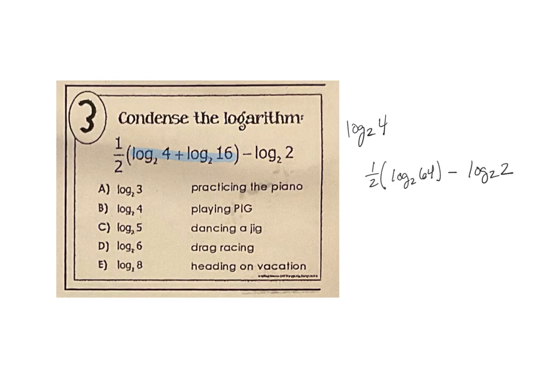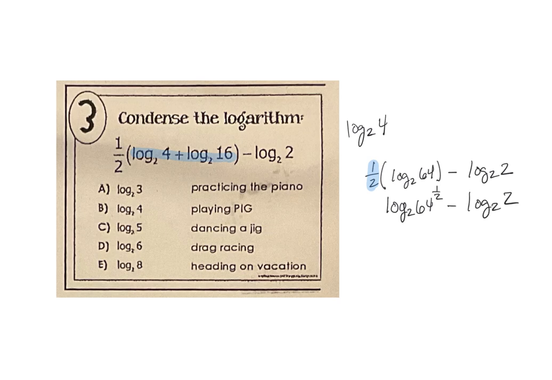Now this is my exponent. It's my star I'm throwing up into the sky. So my first logarithm becomes log base 2 of 64 to the 1/2 power minus my log base 2 of 2.